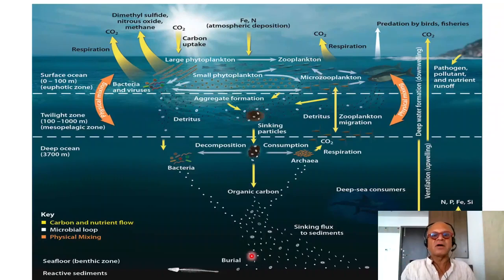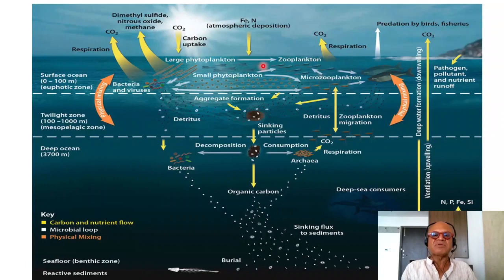So you get mountains of limestone like the Dover Cliffs in the UK and so on. And along the depth of the ocean, detritus is being consumed by bacteria. On the bottom there are benthic zone animals and so on that are living there. There are reactive sediments, so on and so forth.